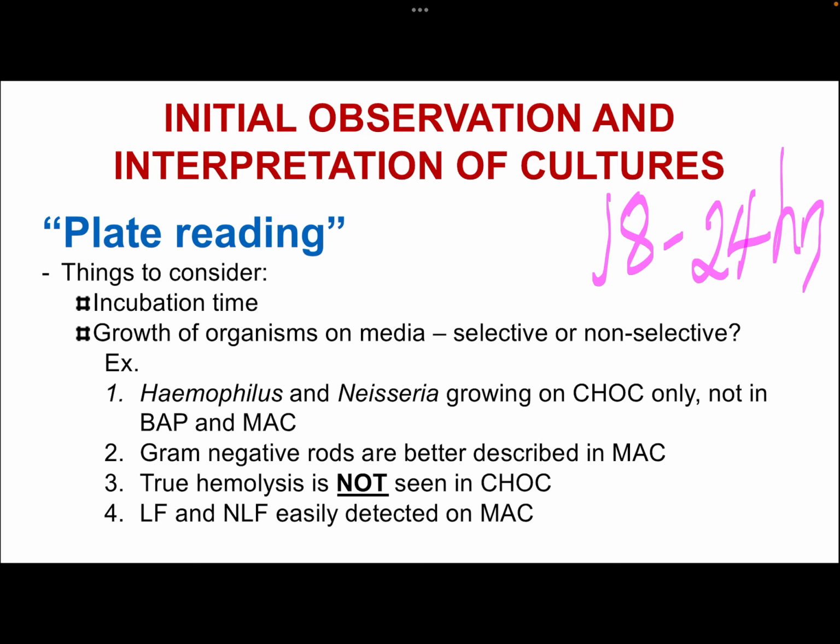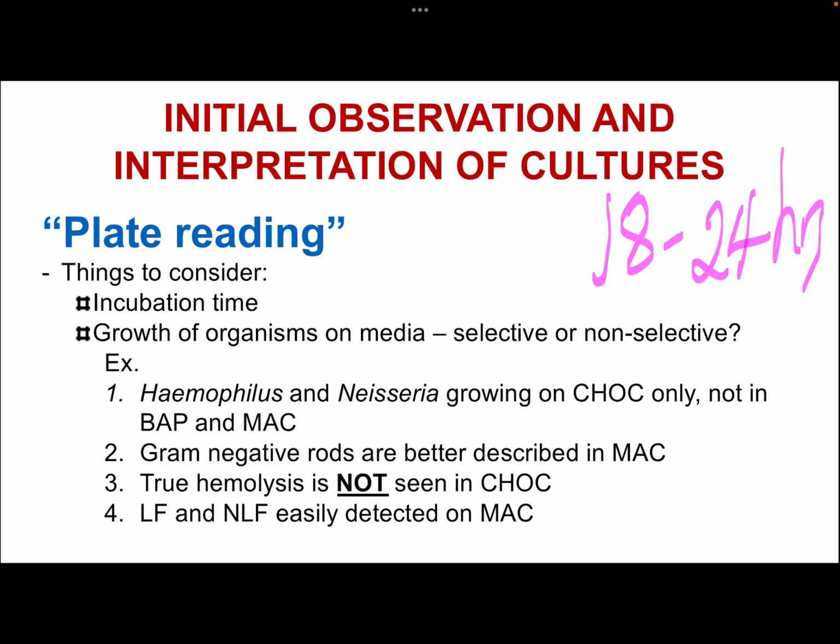Because again, since you are using multiple different agars, that means you can initially identify the type of microorganisms that you are dealing with. So is it a selective or non-selective media? You have to correctly determine the growth on these kinds of media.